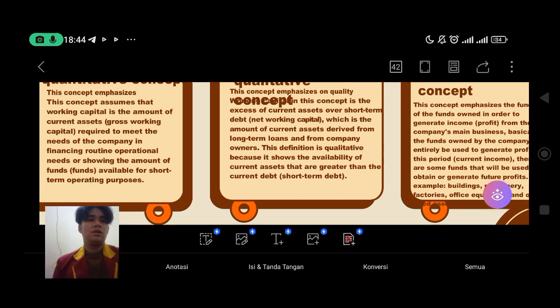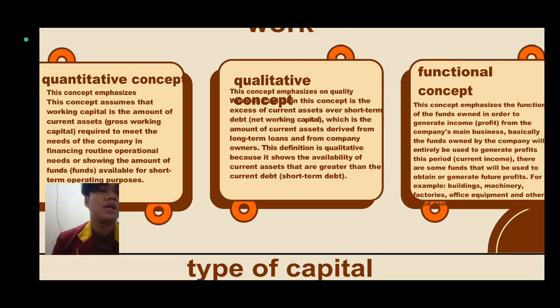And then the functional concept. This concept emphasizes the function of the funds in order to generate income or profit from the company's main business. Basically, the funds owned by the company will entirely be used to generate profit.